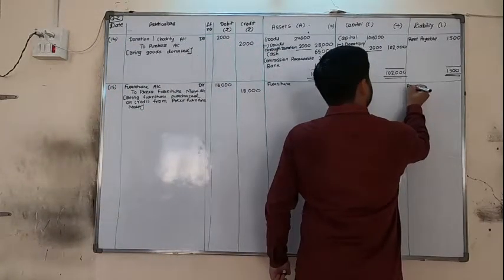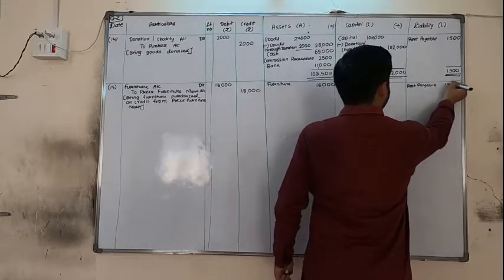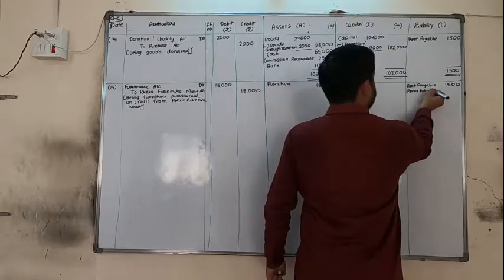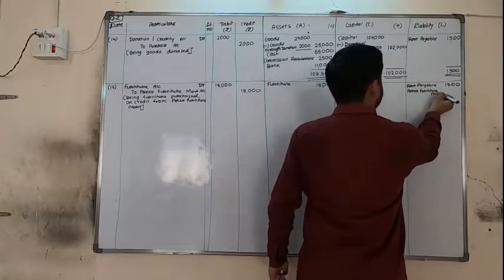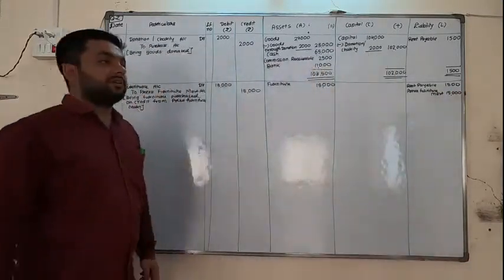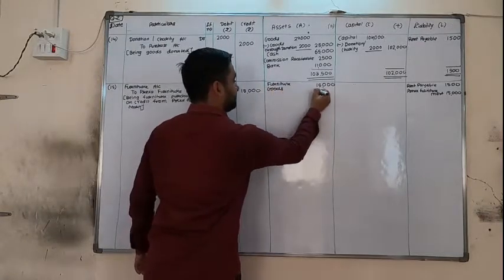So first, rent payable will be written as it is. See, nothing will be changed here in rent payable, but a new liability is coming, so we will write afterwards. So Preksha Furniture Mart 15,000.